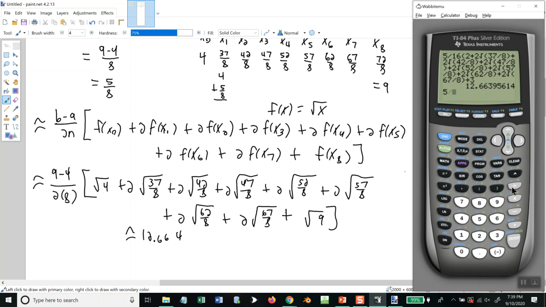So I do 5 divided by 16, beginning parentheses, and then we want f of x naught, where x naught is 4. Now how you get that function notation is you go to vars, y vars, function, and there's y1, and then you can put your beginning parentheses and 4. Plus 2, and then we want to go to vars, y vars, function, y1, beginning parentheses, x1, which is 37 over 8.